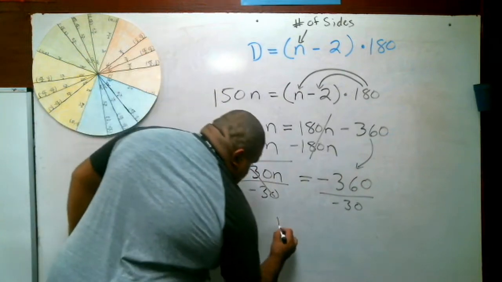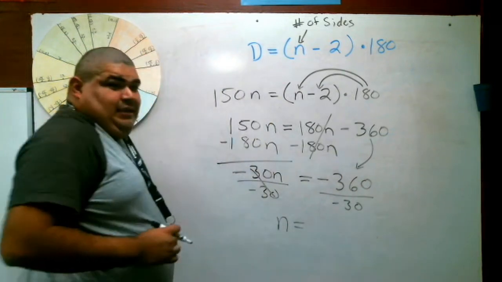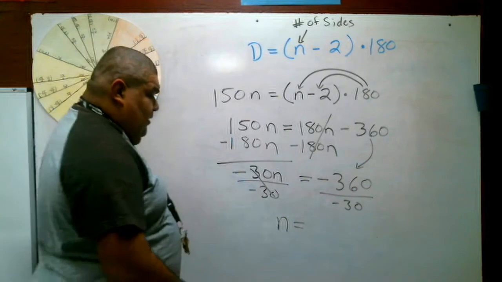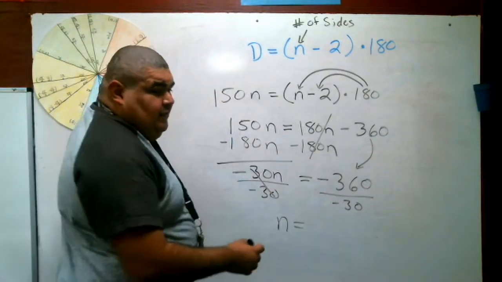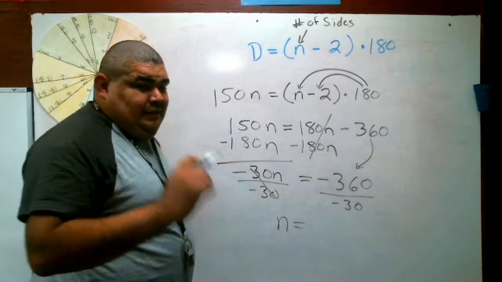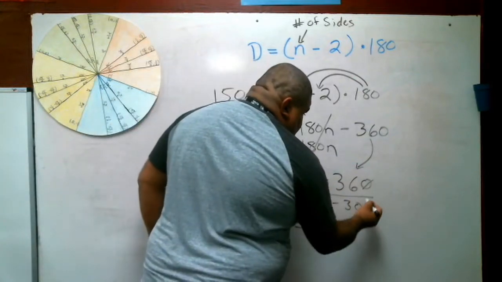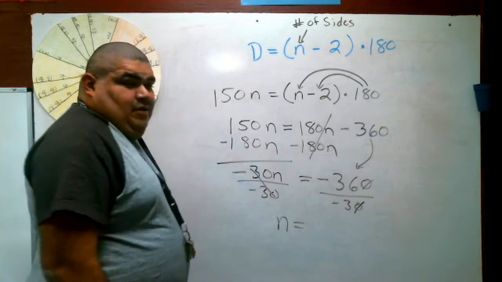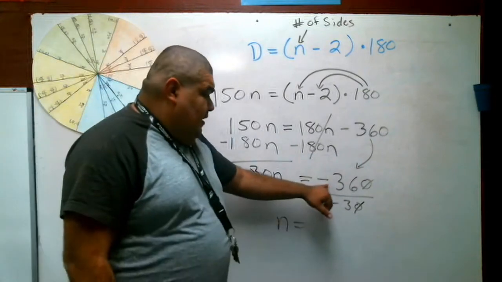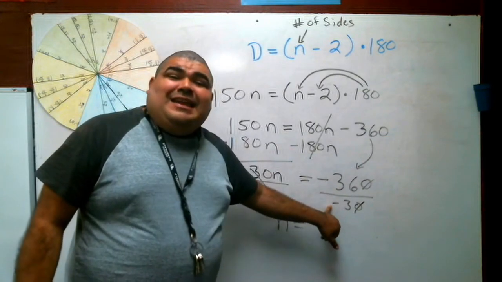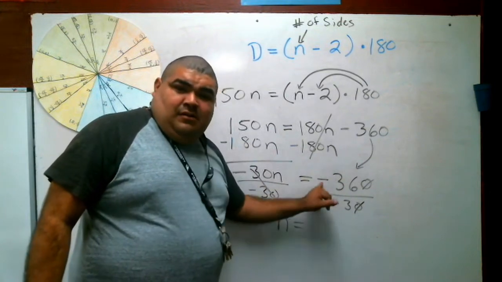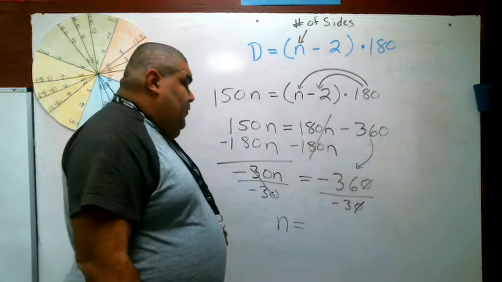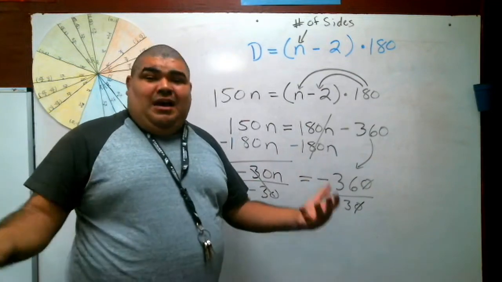We're left with n equals, hint, hint, I like to cancel out zeros, which makes it a lot easier. We cancel a 0 here and a 0 there. We're left with negative 36 divided by negative 3. They're both negatives, so your answer is positive.